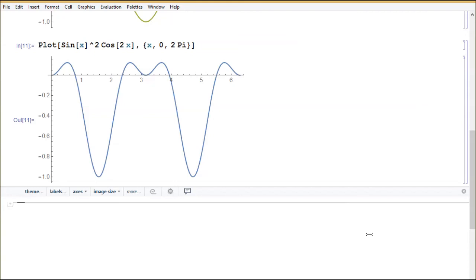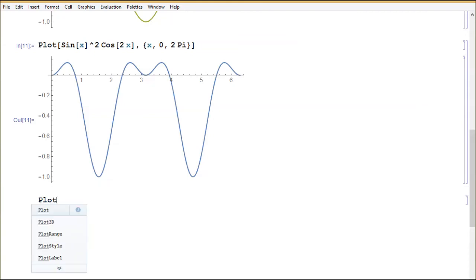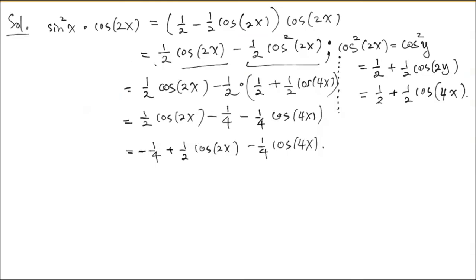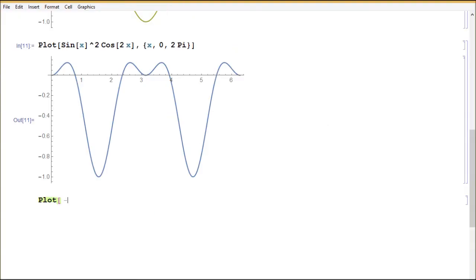But all this is simply the same copy in here. Plot negative 1/4. What was the negative 1/4? Can you call that out for me? Is it 1/2? 1/2 cosine x. Cosine 2x, thank you. Cosine 2x, and what is the other one? 4x, right?